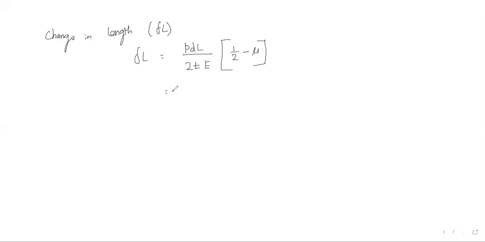Okay, so if I am going to substitute here, 3 into 1500 into 4000 divided by 2 into thickness is 15 into 2 into 10 to the power 5 E value, into 1 by 2 minus mu, 0.25.